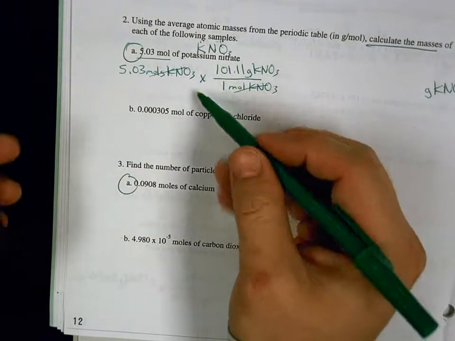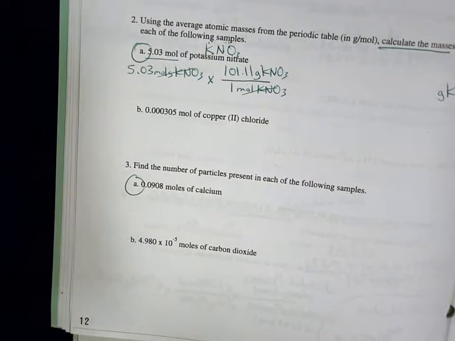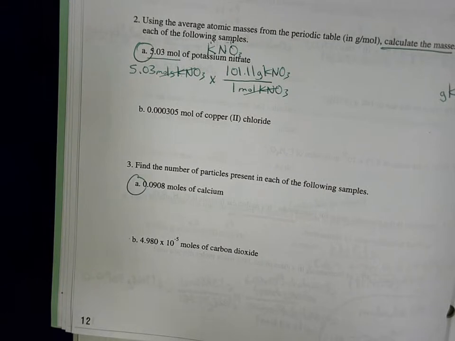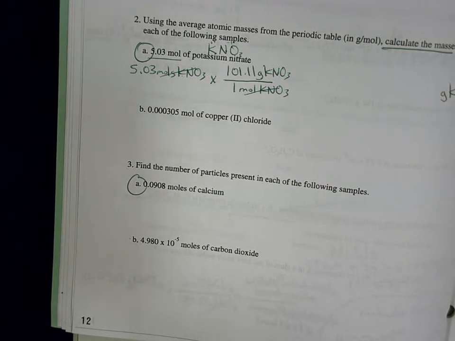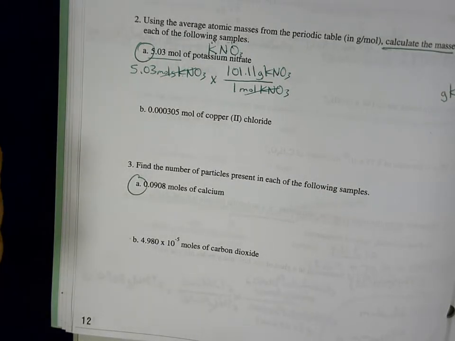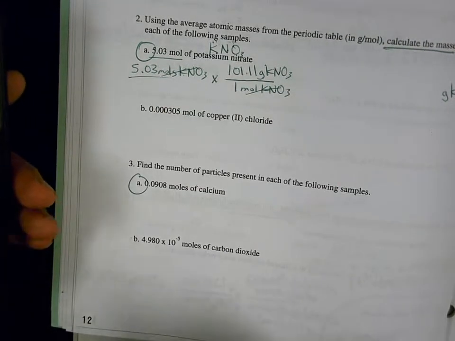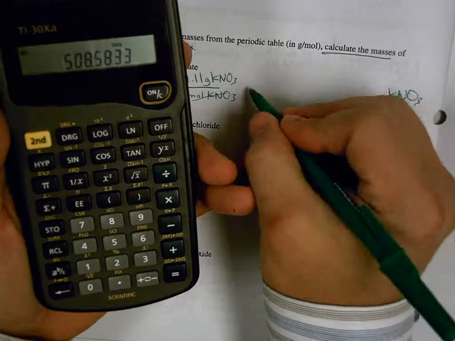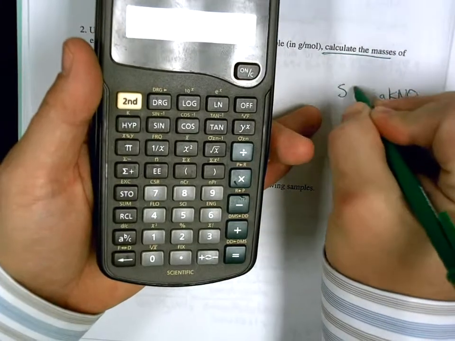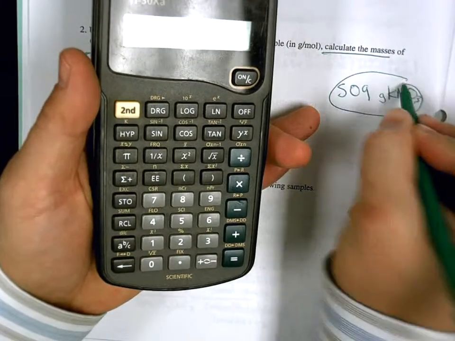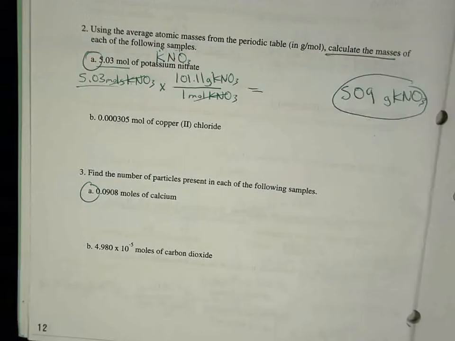Now on my calculator, when something's on top, we multiply. So 5.03 times 101.11, we get 508.5833. Again, 3 sig figs here. I'm going to round this to 509 grams of potassium nitrate.